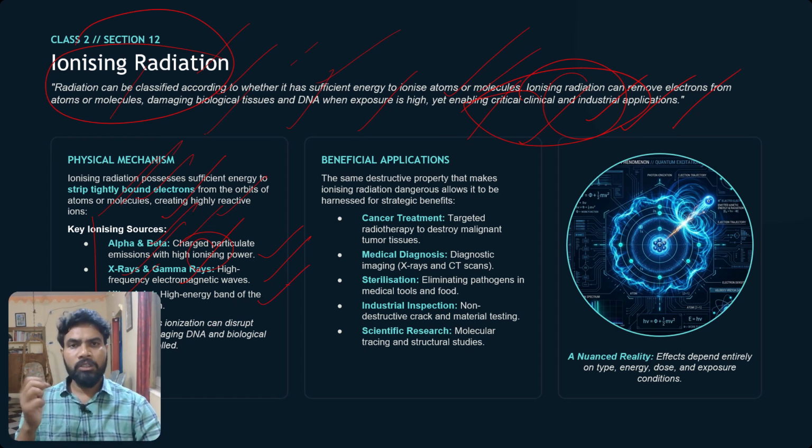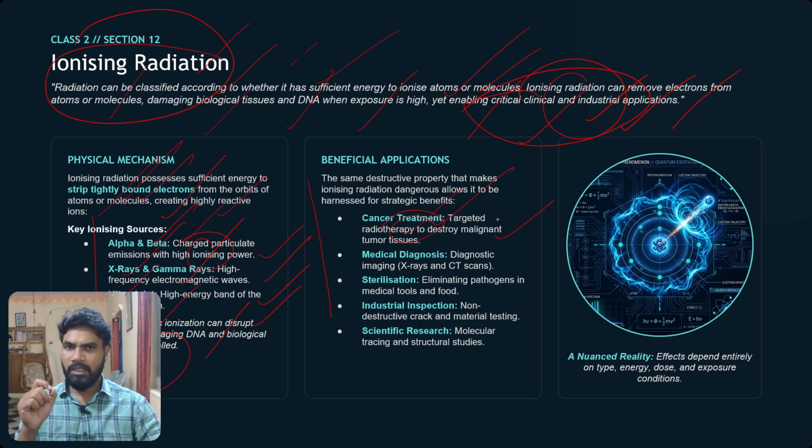So what is the biological impact of these ionizing radiations? This ionization can disrupt molecular bonds, damaging the DNA and biological tissues if poorly controlled. They are dangerous in an uncontrolled manner. But they also have some applications. In cancer treatment, targeted cancer cells can be removed through radiotherapy.